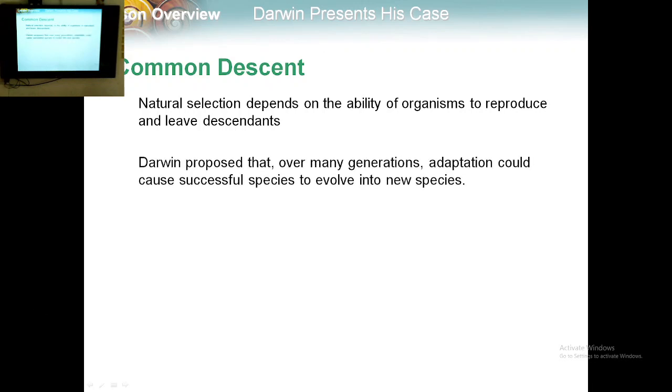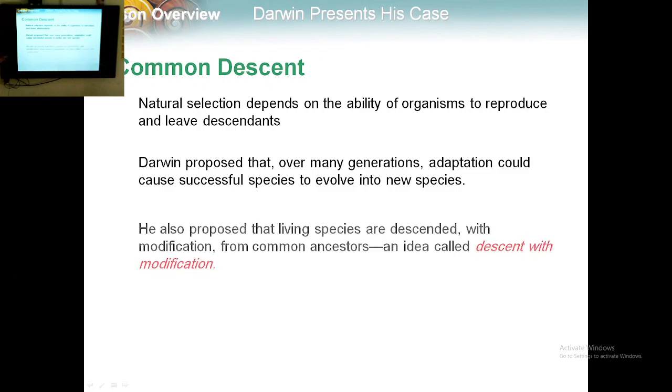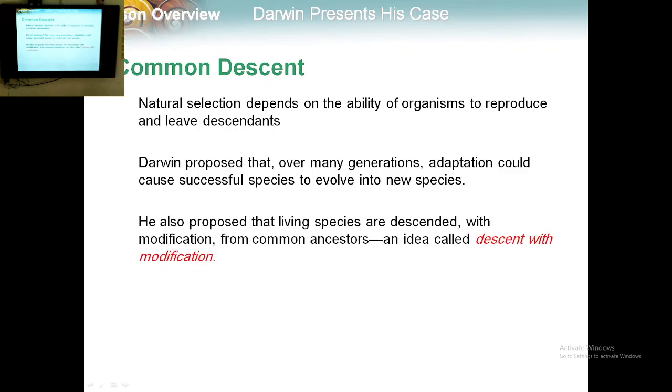So Darwin proposed that over many generations, adaptation could cause successful species to evolve into new species. And he also proposed that living species are descended with modification from common ancestors, and the idea is called descent with modification.